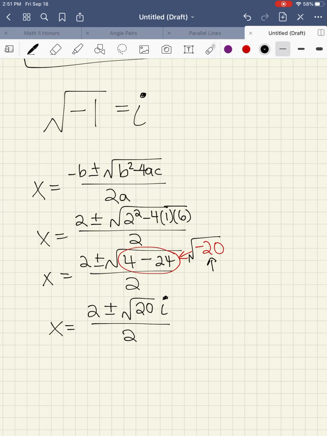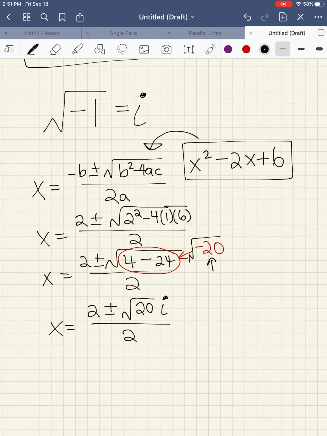In this case, this would be if we had x squared minus 2x plus 6. So this is what we would be factoring in order to use this equation. This would mean that we could actually factor this as equal to 2 plus the square root of 20 i over 2.